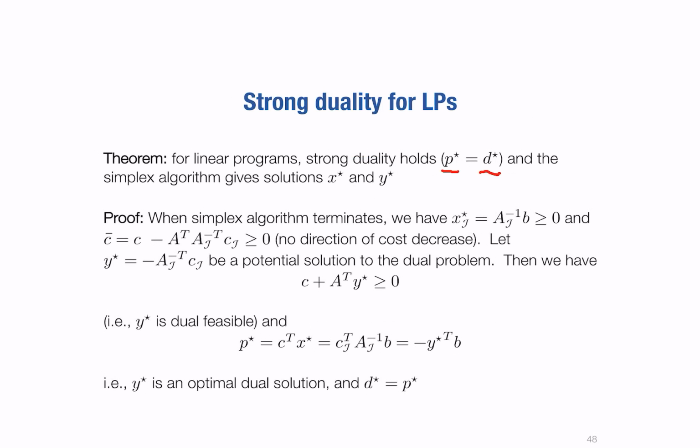And what's also really cool is that the simplex algorithm provides both optimal primal and optimal dual solutions. From the solution you get from the simplex, you can extract both of these solutions.